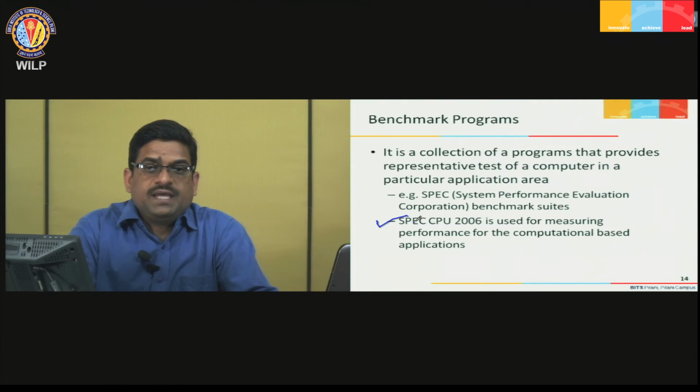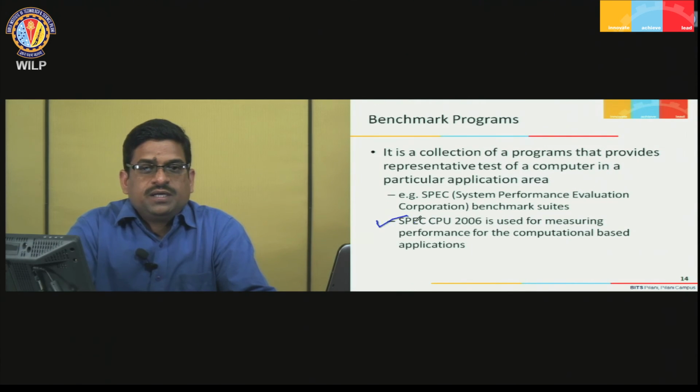It is used for measuring performance for computation based applications, where most of the operations are done in the processor, in the ALU, highly computational, with very few references to memory or IO.